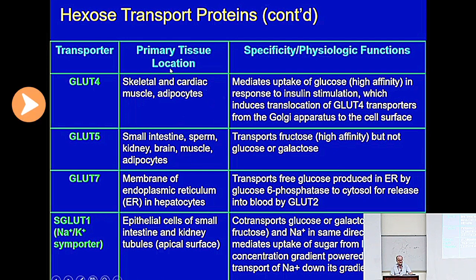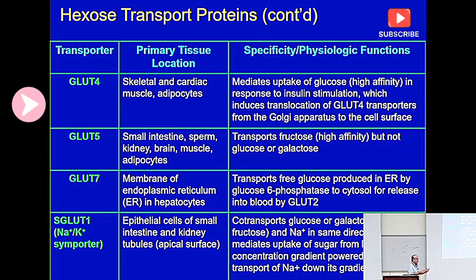This transporter is unique to these tissues, and its importance is that it is insulin dependent. How much transporter is present in these tissues depends on the presence of insulin.